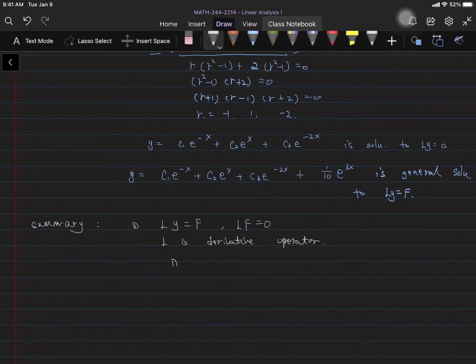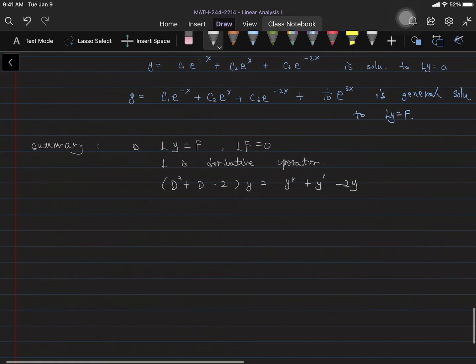For example, D squared plus D minus 2 applied to y means the second derivative plus the first derivative minus 2y. So sometimes we write it in the operator way.